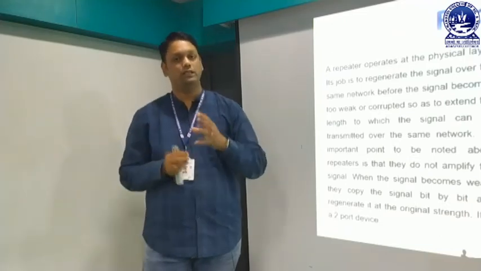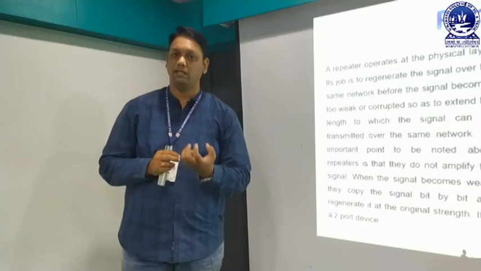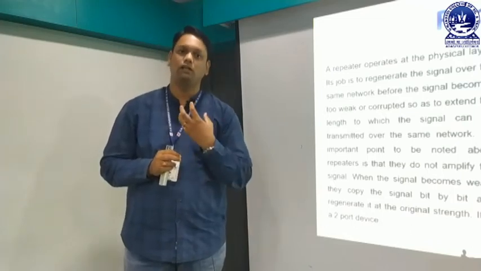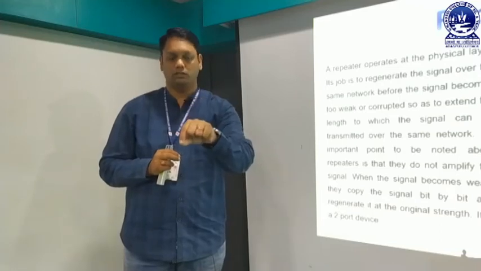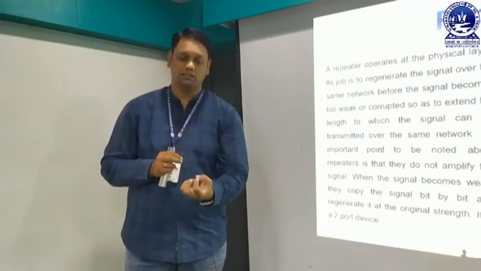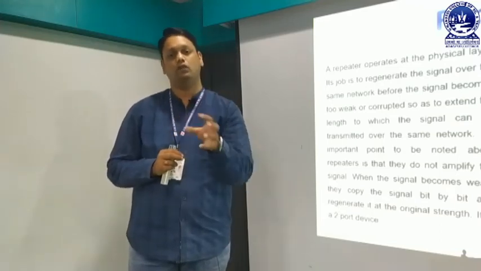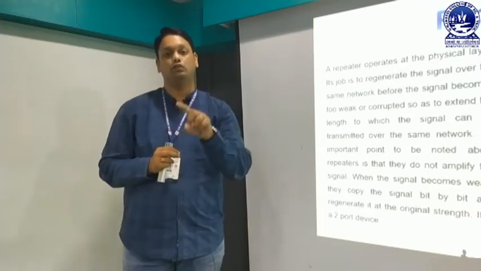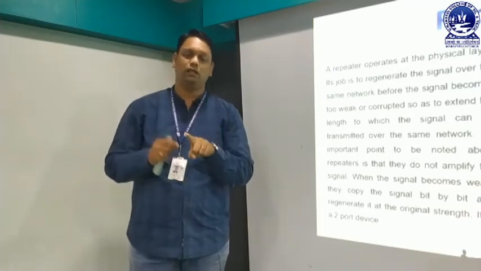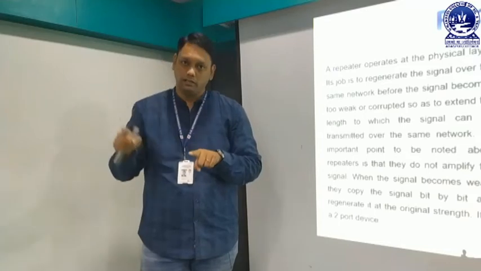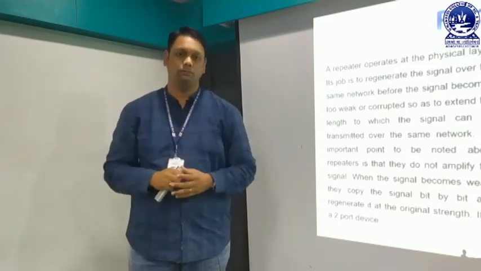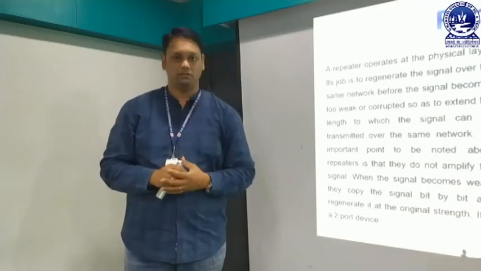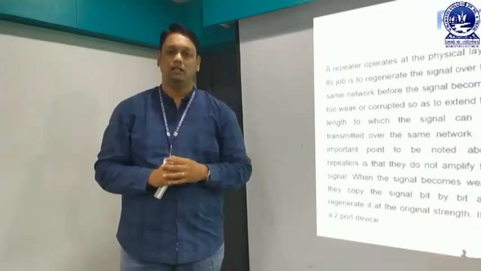So when the level of energy decreases in the wave, we point out the location where the energy is being lowered, and at that place we use the repeater, so that the repeater will again increase the energy level of the wave and the wave will be transferred to the receiver. So in this way the repeater actually works.